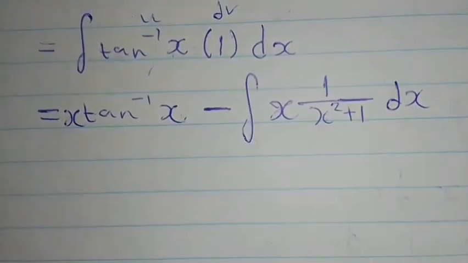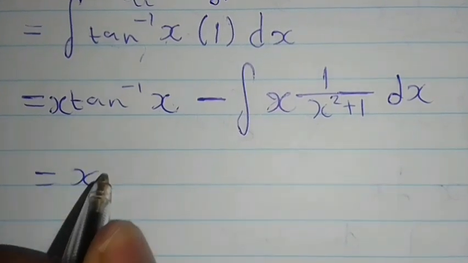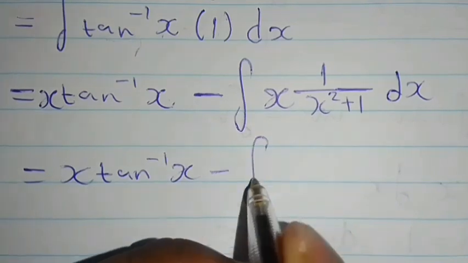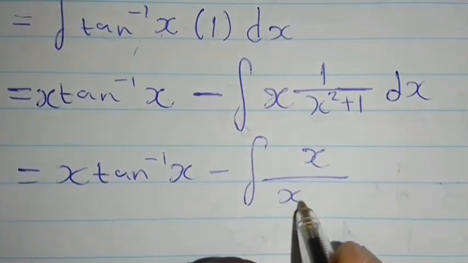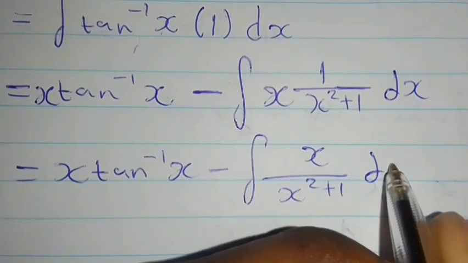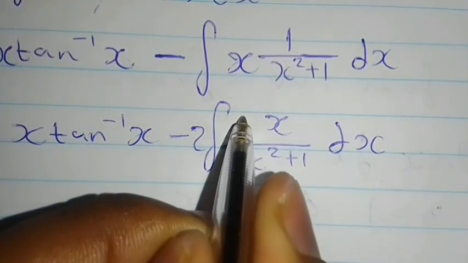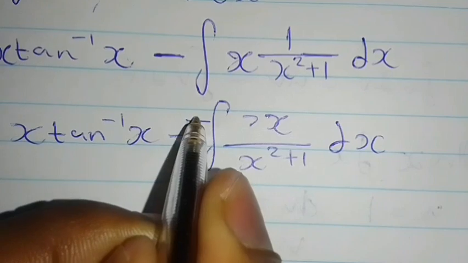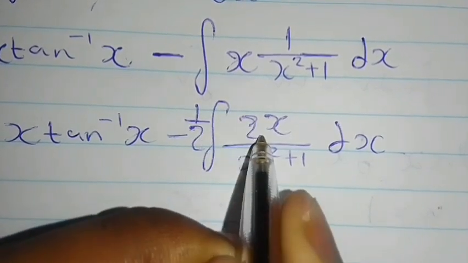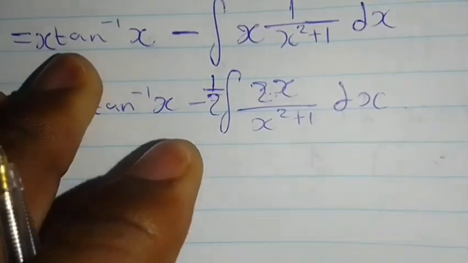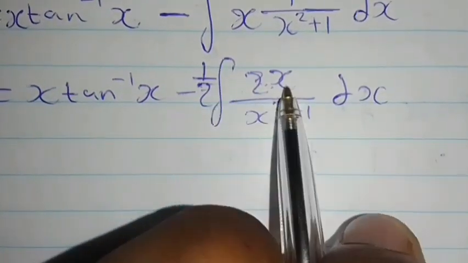So now you have x arctan x minus the integral of x over x squared plus 1 dx. So I'm just gonna multiply the inside and the outside by 2, by half, I mean, so since that 2 and half will cancel, I haven't really changed anything. I'm just gonna put this.